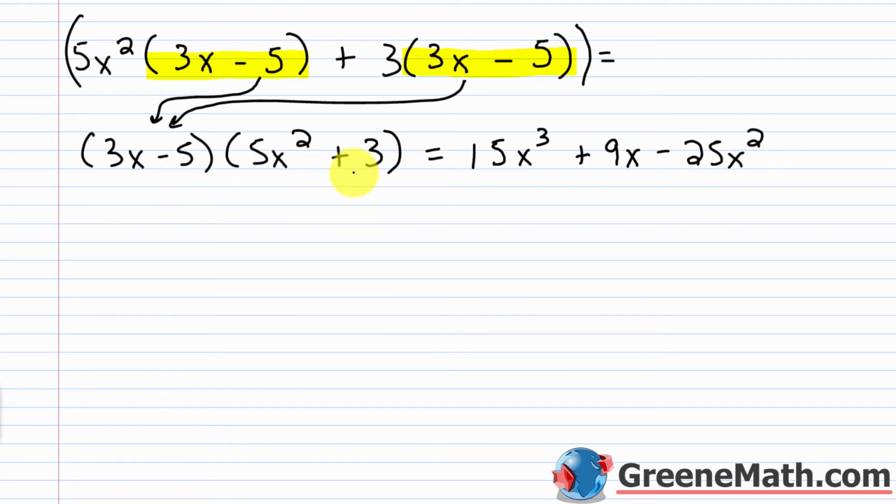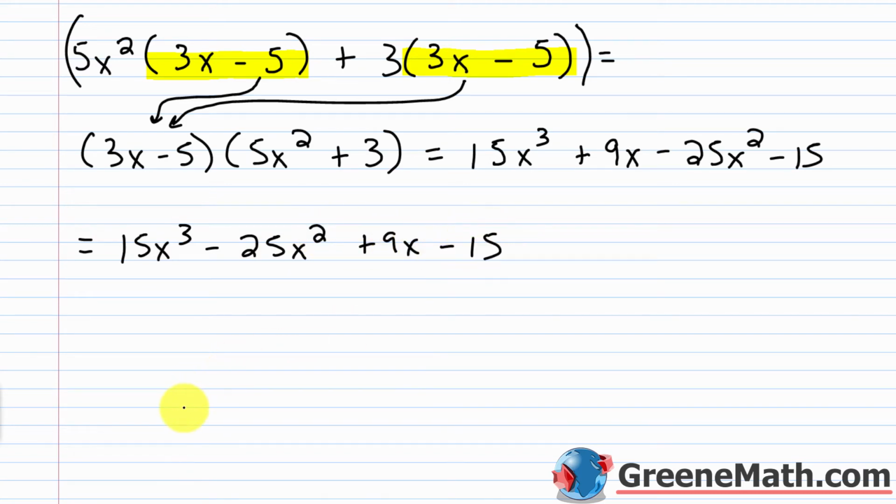Then negative 5 times 3 is negative 15. And if I reorder the terms, I get 15x cubed minus 25x squared plus 9x minus 15, which is exactly what we started with.